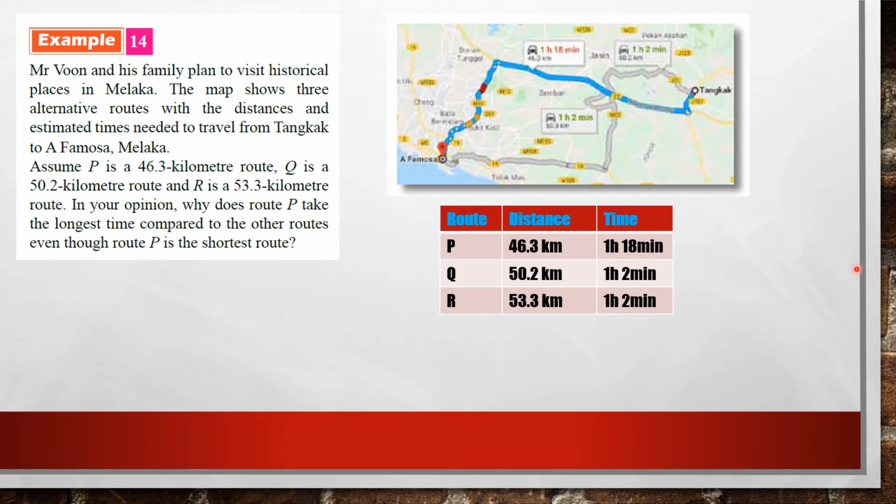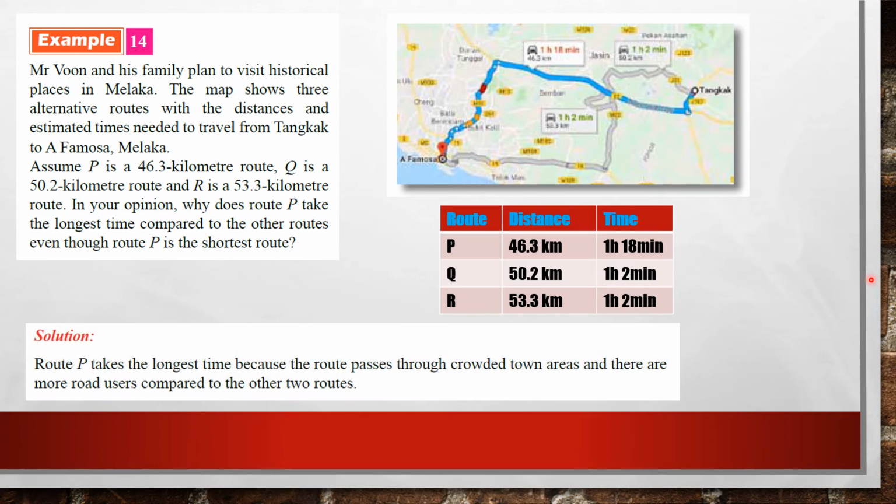So maybe the route has terrible traffic. Okay, that will be one of the reasons. So here we look at the reason. Route P takes the longest time because the route passes through crowded town areas, and there are more road users compared to the other two routes.